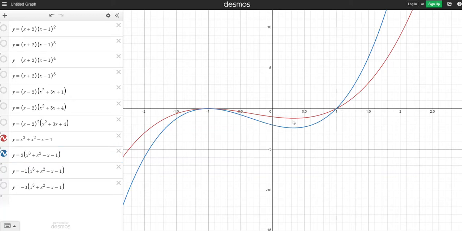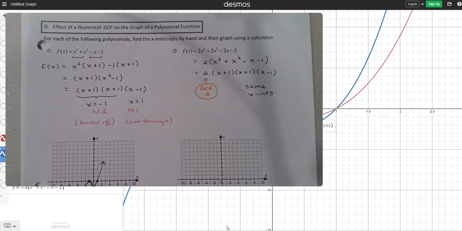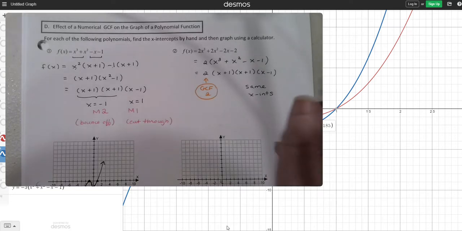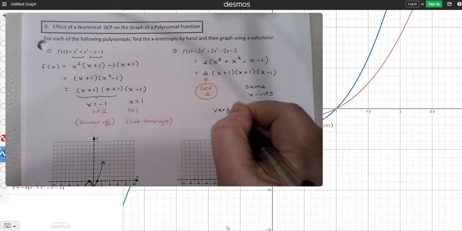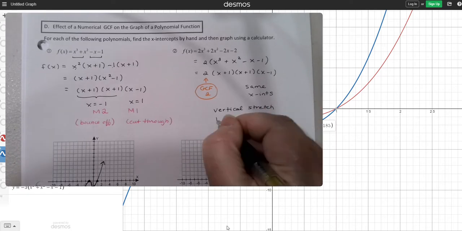If I look here at the minimum, again, the y value on the red graph is doubled to give the y value on the blue graph. So same x-intercepts, same basic shape, but we have this vertical stretch going on by a factor of 2.